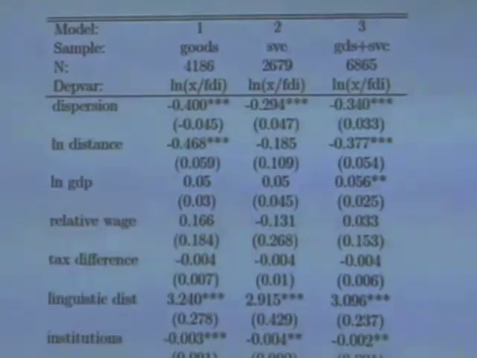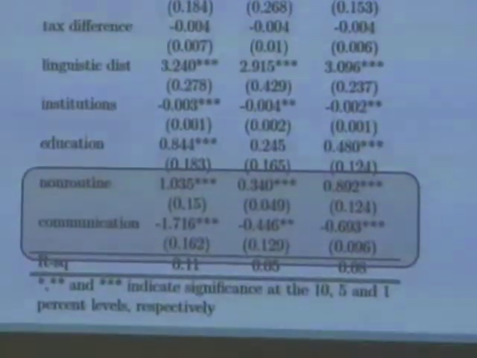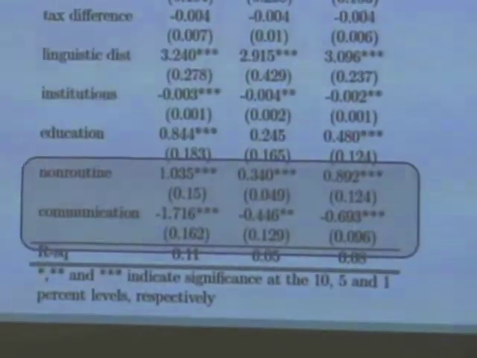So the dependent variable here is the log ratio of exports to foreign direct investment. When that's higher, it means you're exporting relatively more. When it's lower, you're doing relatively more foreign direct investment.